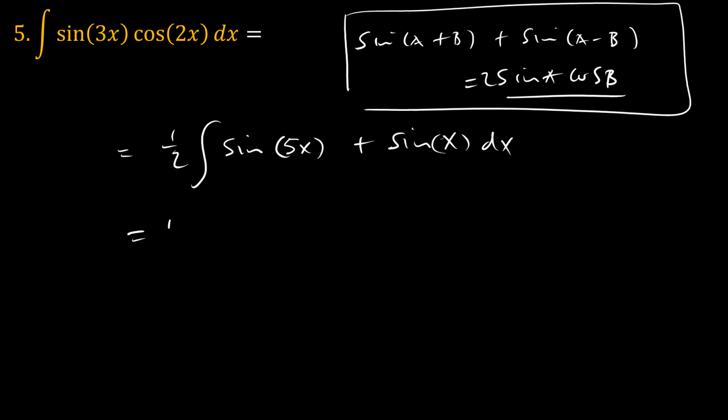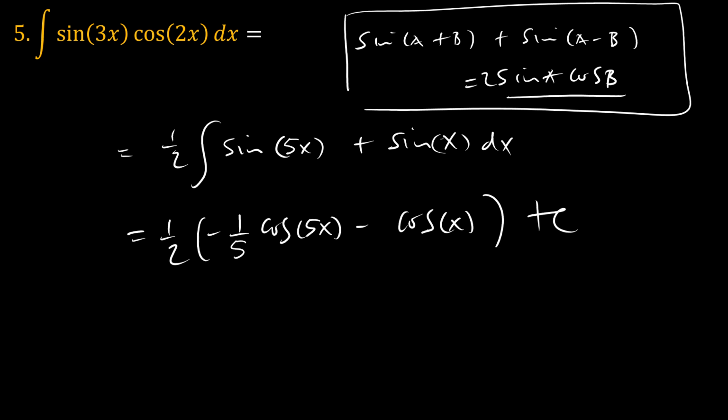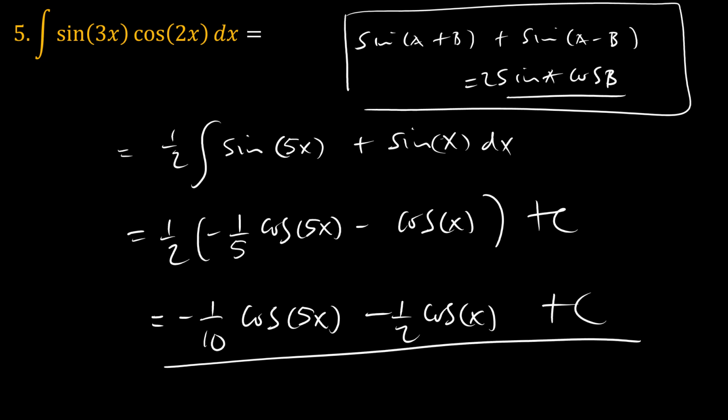And so this becomes a half in brackets, negative 1 over 5 cosine 5x minus cosine x plus the integration constant. So this just becomes negative 1 over 10 cosine of 5x minus a half cosine of x plus the integration constant. And that is hopefully the answer that was expected. So let's continue to the next problem.